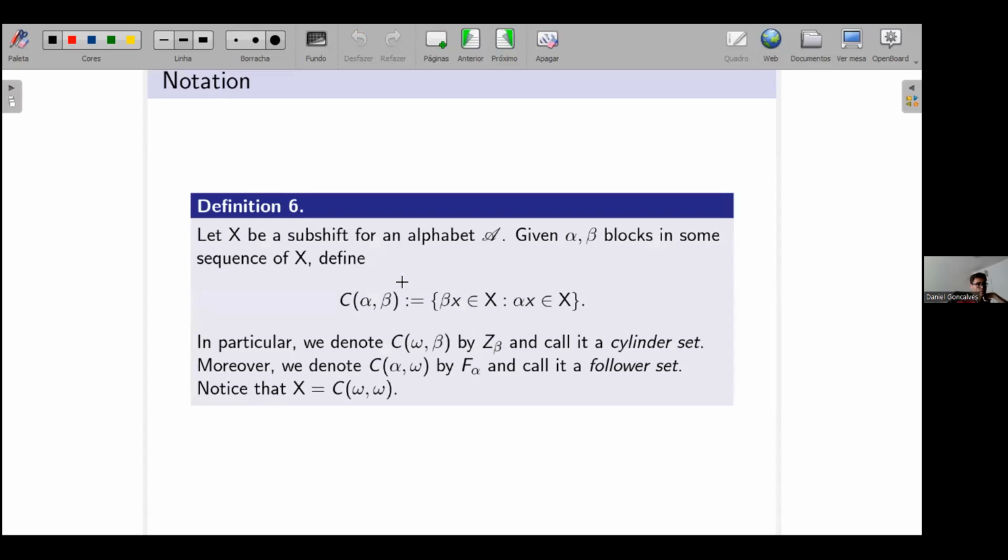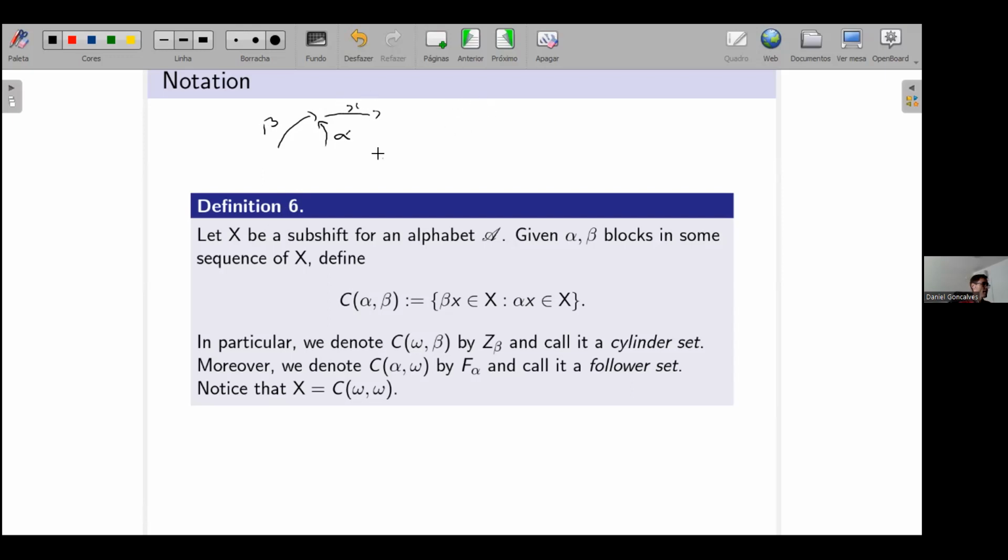So we wanted to define the subshift algebra, right? So we start with a subshift for an alphabet A, and well, what happens here? Look, the definition of this algebra will rely on this set C alpha beta. So when I had the partial action before, right, I had two arrows connecting here, let's say beta and alpha, and I had something here in the follower set, the x, right?